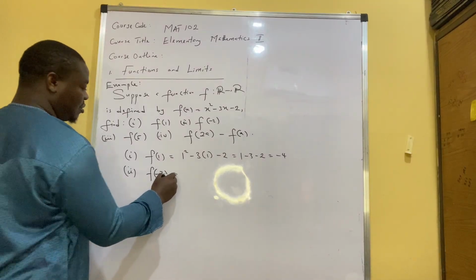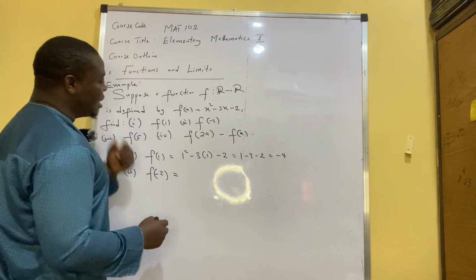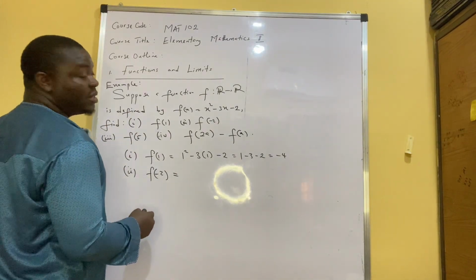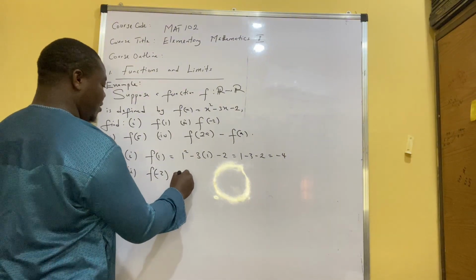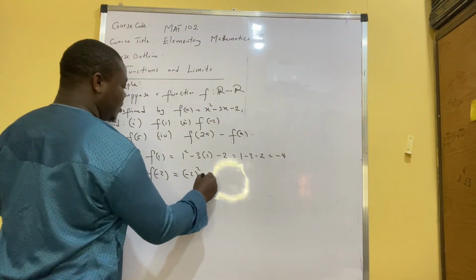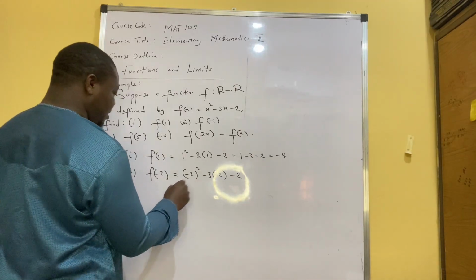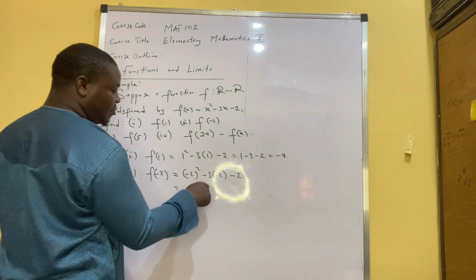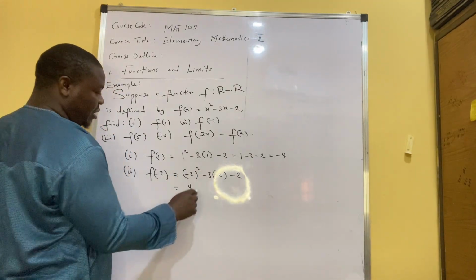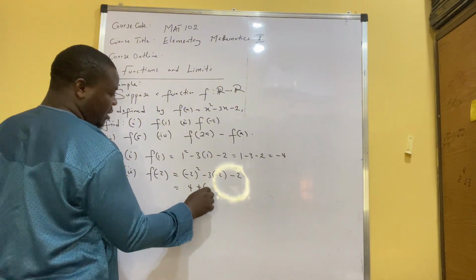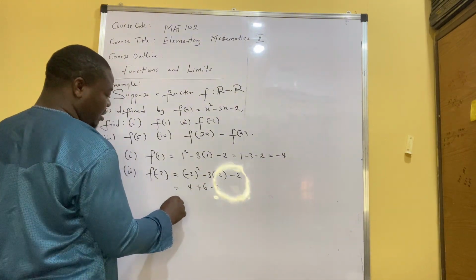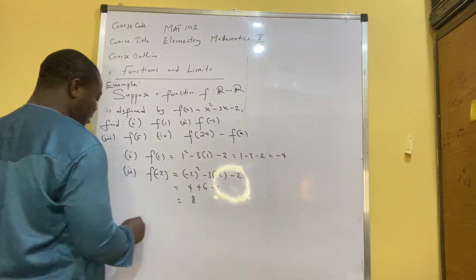F of minus 2 implies that wherever we see x in the definition of f of x, we replace with minus 2. So that we have minus 2 squared minus 3 times minus 2 minus 2. Simplifying this, minus 2 squared will give you 4. Minus 3 times minus 2 will give us plus 6 and minus 2. And this will give us 8.